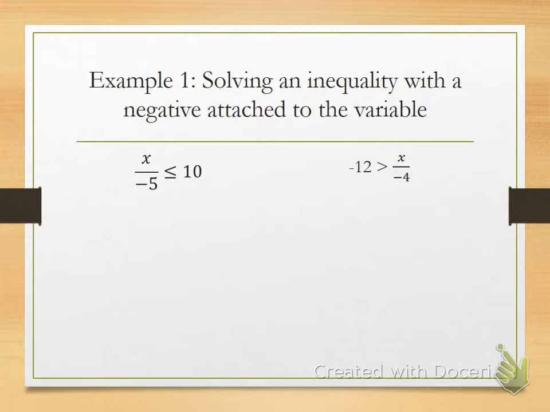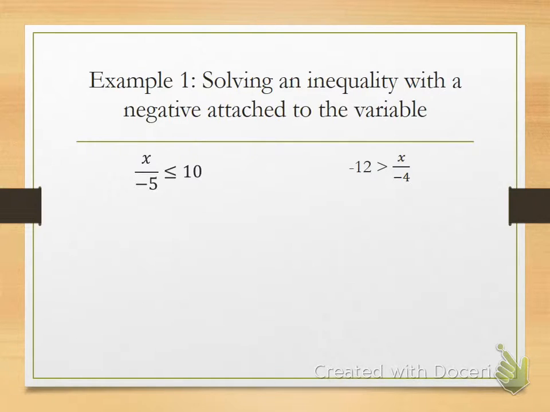Now, in these next problems, we're solving an inequality that has a negative number attached to the variable. And in this case, there's a rule that we have to learn with solving these. Anytime I have to multiply or divide by a negative number to solve, I must reverse my inequality.